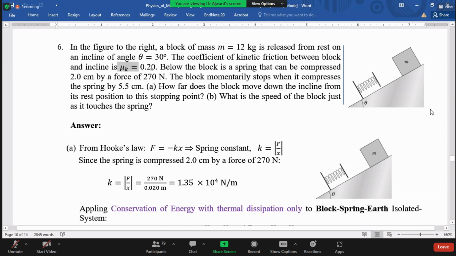That kinetic friction, mu K, is 0.20, right? And the question asks how far does the block move down the incline from the rest position. So how do you solve that problem?